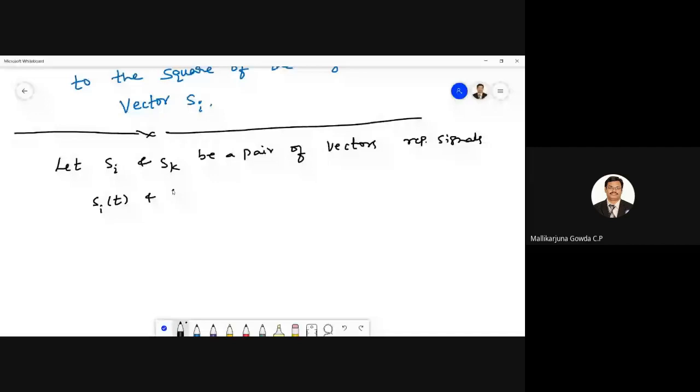So the Euclidean distance between these two vectors is defined like this.